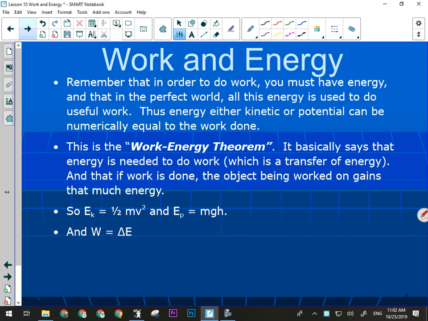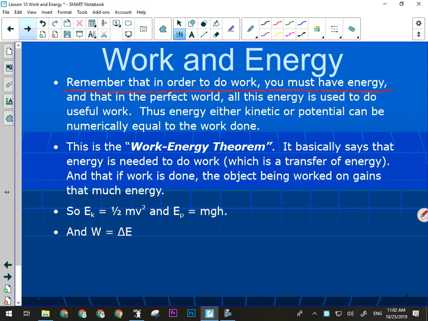So, things we have to remember about work and energy. In order to do work, you have to have energy. This isn't like a credit card. The work-energy theorem doesn't work like a bank. You don't have the money, you don't get to spend it.